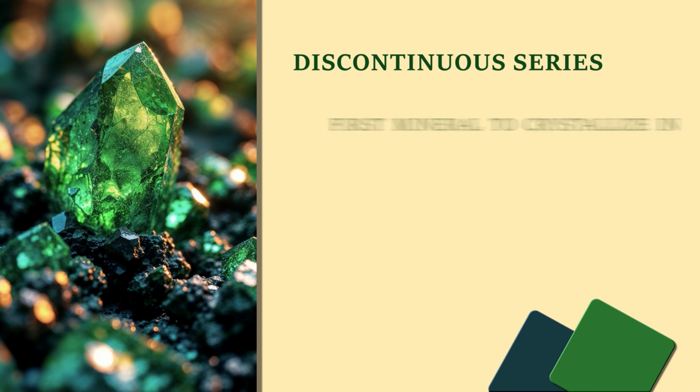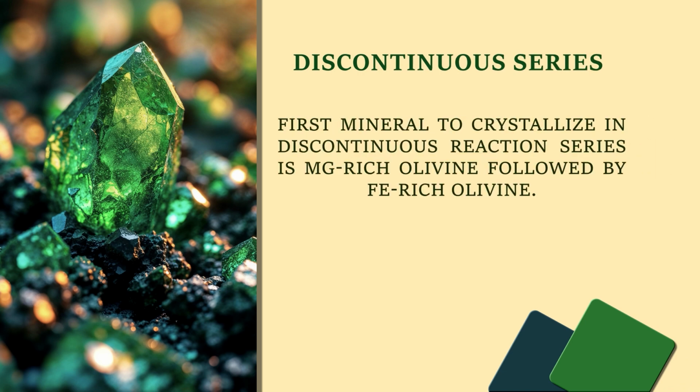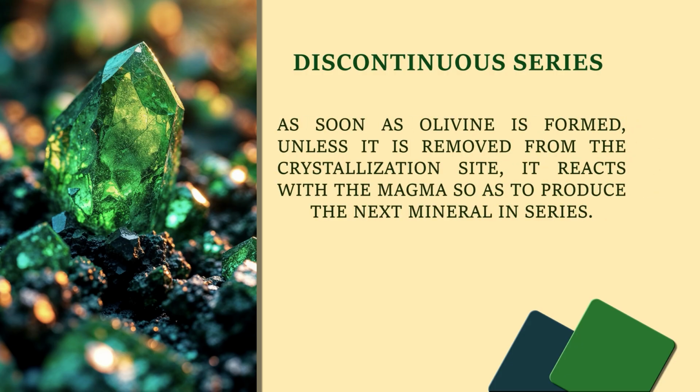Discontinuous series. The first mineral to crystallize in the discontinuous series is Mg-rich olivine. It is followed by Fe-rich olivine. As soon as olivine is formed, unless and until it is removed from the crystallization site, it reacts with the magma so as to produce the next mineral in the series.